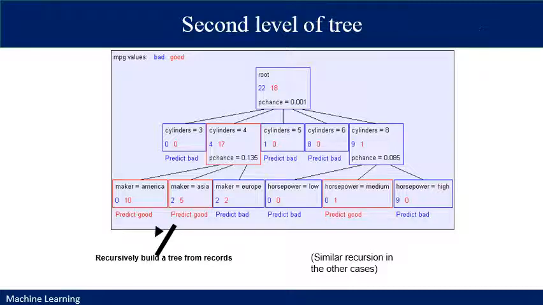So then, based on this cylinder, which had the most portion in the previous slide, we further divide on the next attribute. In this case, we use the next attribute, which is the maker. So we divide on the maker attribute and we had two further good predictors. So you use these values to recursively build the tree.